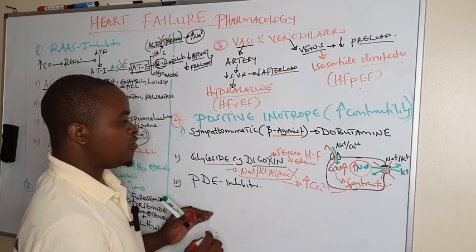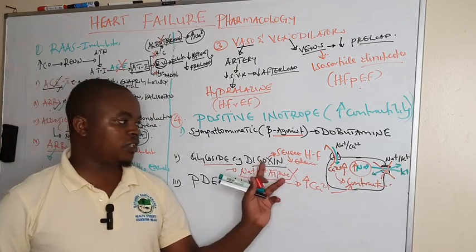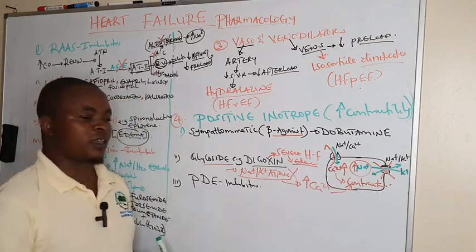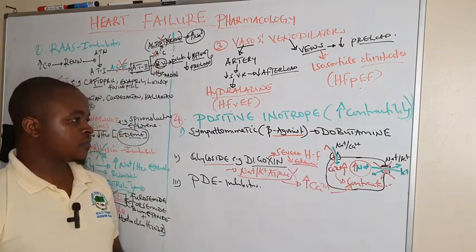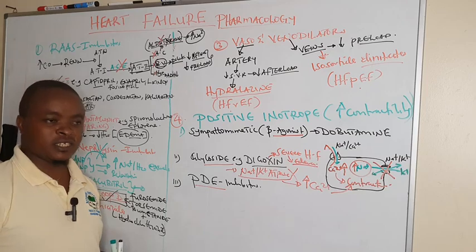So if there is edema, you begin with a diuretic, and then after diuretics, you can give digoxin as a drug of choice in treating this severe heart failure. Then what do phosphodiesterase inhibitors do?